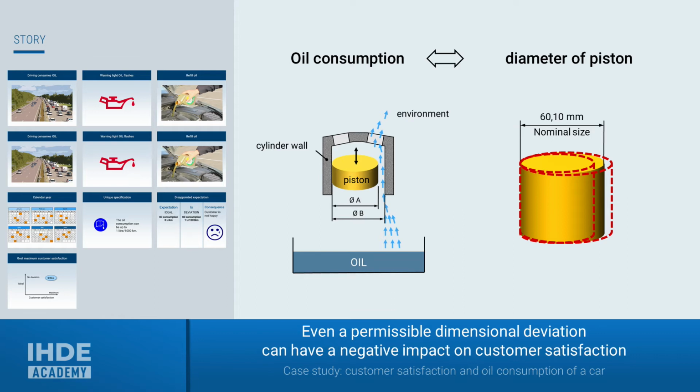So here we have a very nice, because descriptive example, how a single dimension of a component has a significant impact on the customer's perception of the quality of the overall product. And that's ultimately what it's all about, keeping such deviations as small as possible.